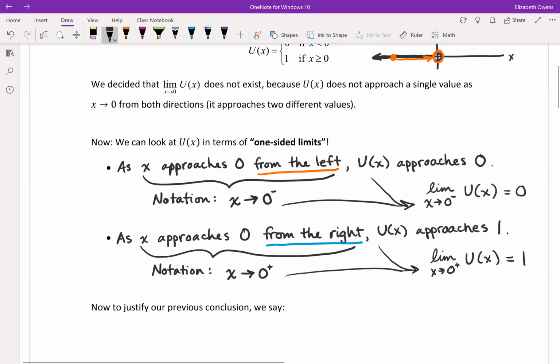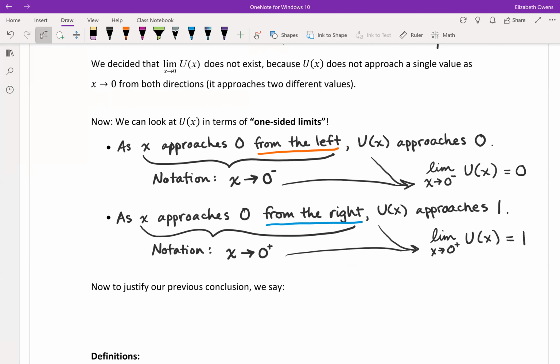Now, if we compare this with our previous result, remember that when we looked at this unit step function before, we had decided that the overall limit does not exist. These two one-sided limits are actually going to support that.